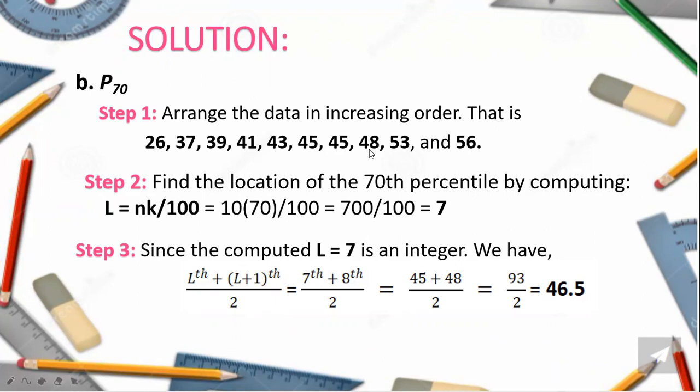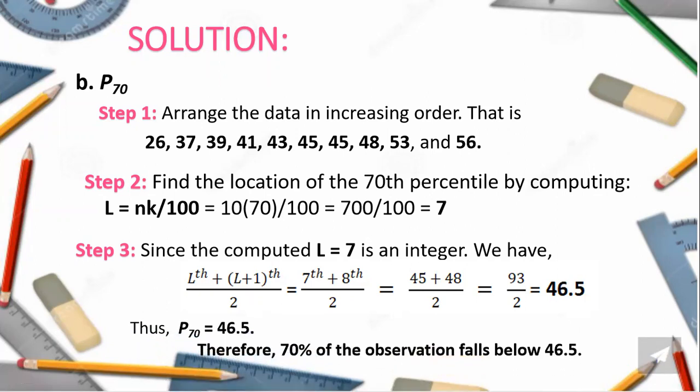Getting the average, we have 93 divided by 2, which is 46.5. Therefore, the 70th percentile is equal to 46.5. Thus, 70% of the observations are less than 46.5. So that's percentile.